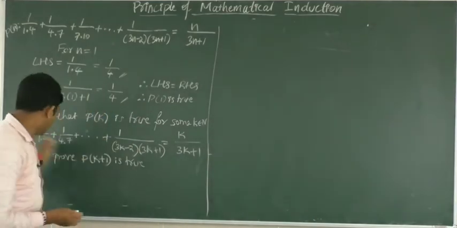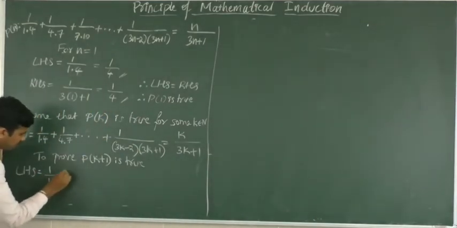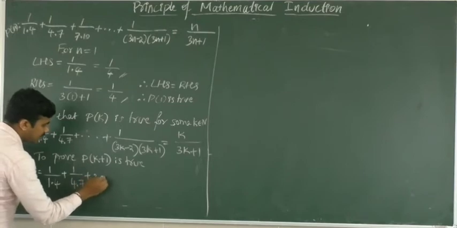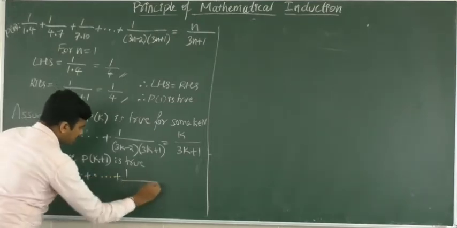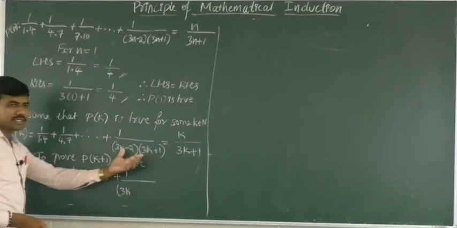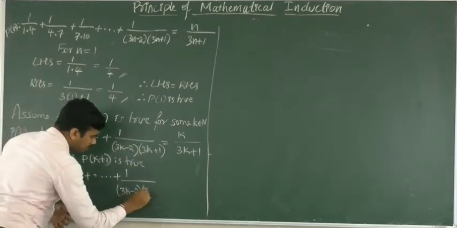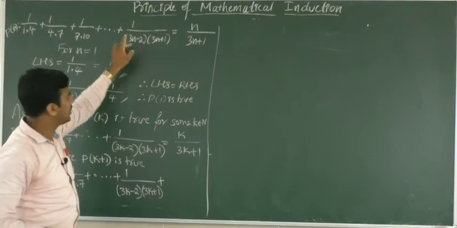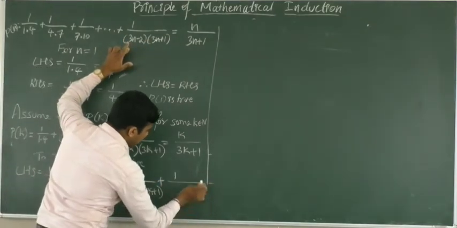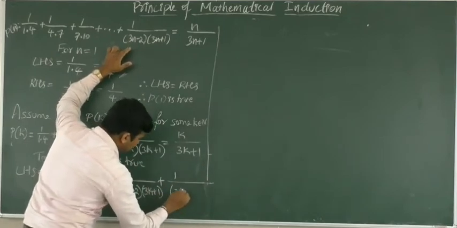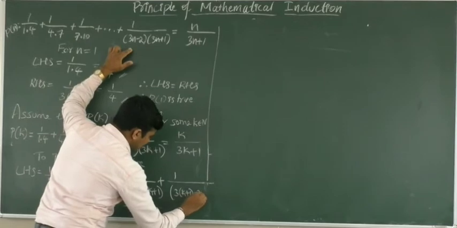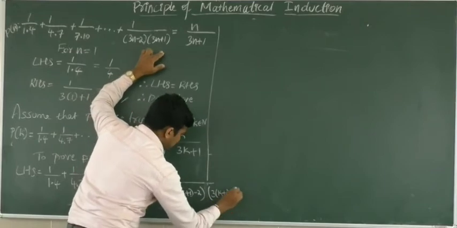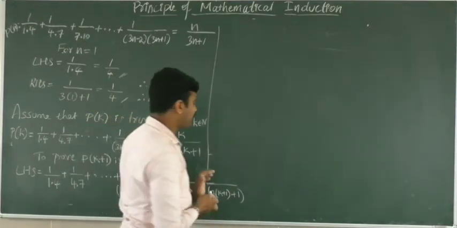So we'll get here 1 divided by 1 into 4 plus 1 divided by 4 into 7 plus 1 divided by 7 into 10, and so on, plus 1 divided by the kth term, that is 3k minus 2 into 3k plus 1, plus the k plus 1th term, which we get by replacing n as k plus 1 here, that is 1 upon 3 into k plus 1 minus 2 into 3 into k plus 1, close the bracket, plus 1. So this is the left hand side of P of k plus 1.